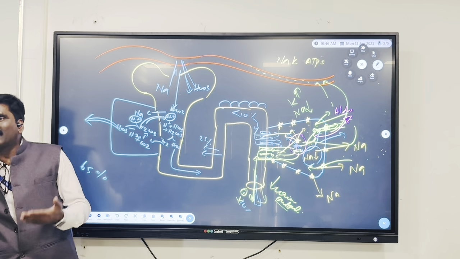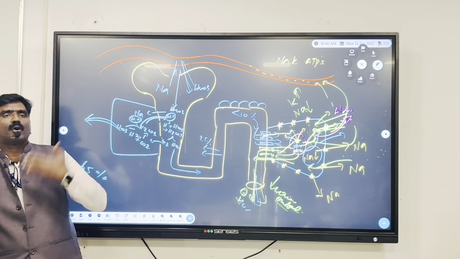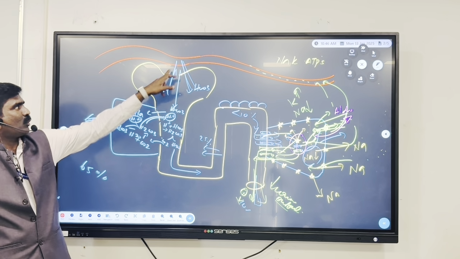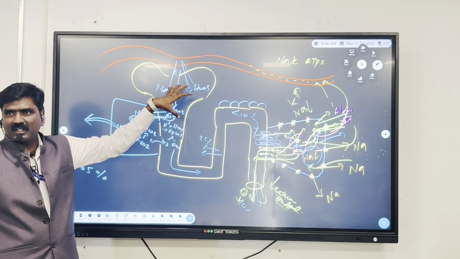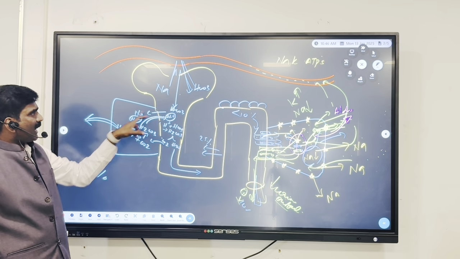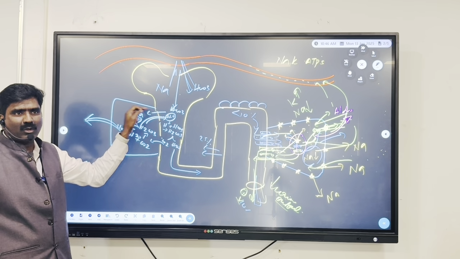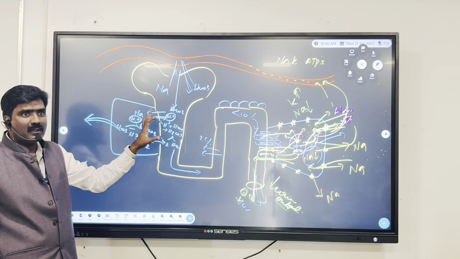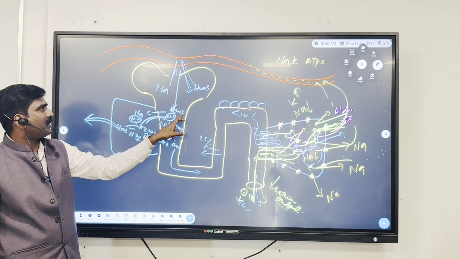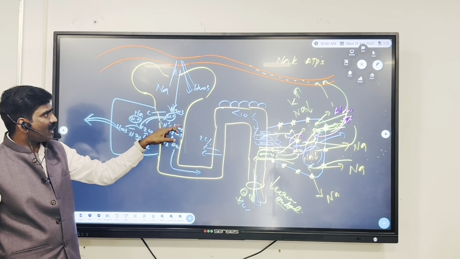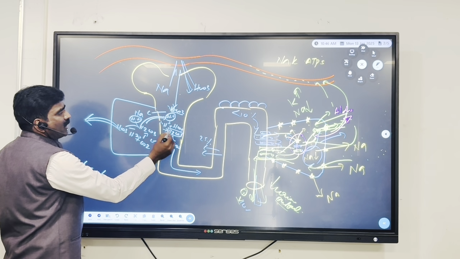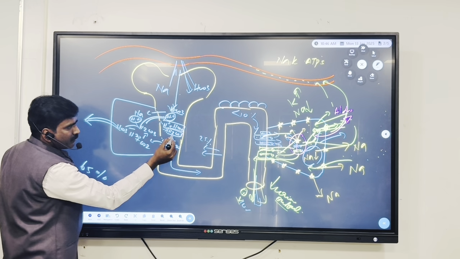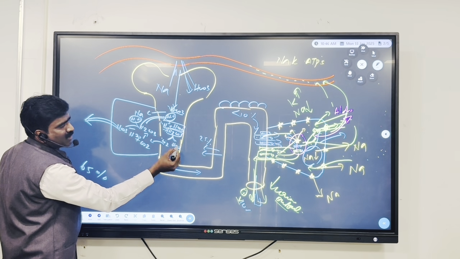So sodium and bicarb reabsorption is increased. You want me to explain this again? See, sodium and bicarb are filtered, right? Sodium will enter into the cell in exchange for hydrogen ion. From where did this hydrogen ion come? Now I will tell. This bicarb combined with this hydrogen ion to form H2CO3, carbonic acid, and it dissociates into carbon dioxide and water.